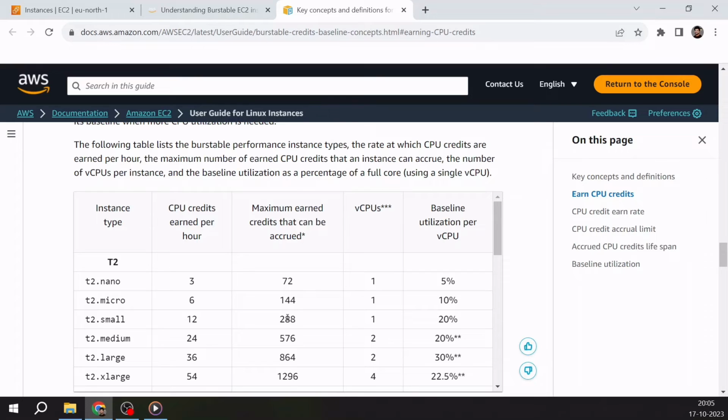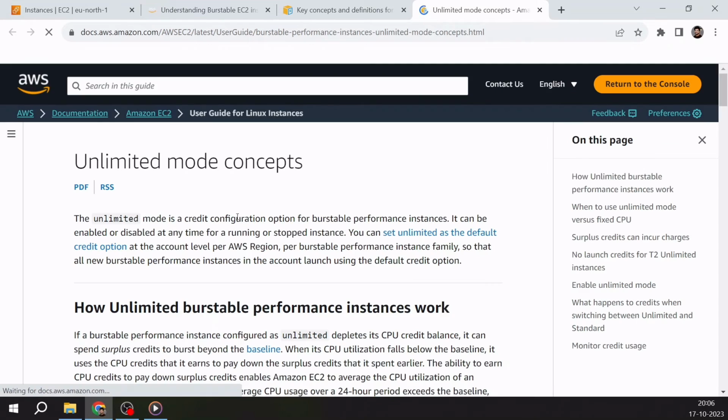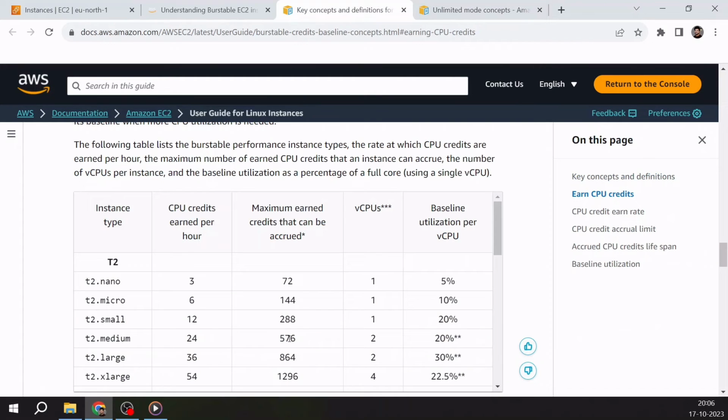So to mitigate this issue, AWS proposed a new credit offering, which we call the unlimited mode concept. And if you go there, you will see that unlimited mode is a credit configuration option for burstable performance instances. It can be enabled or disabled at any time. So even if you have exhausted all your earned credits, you will get additional credits from AWS.